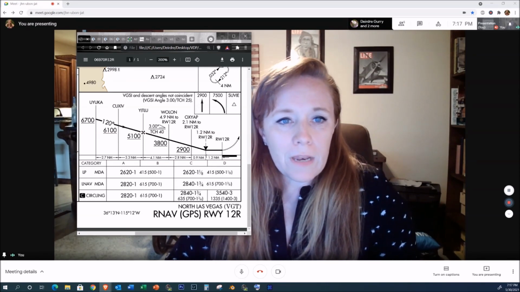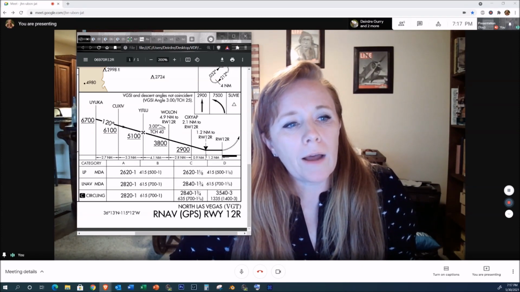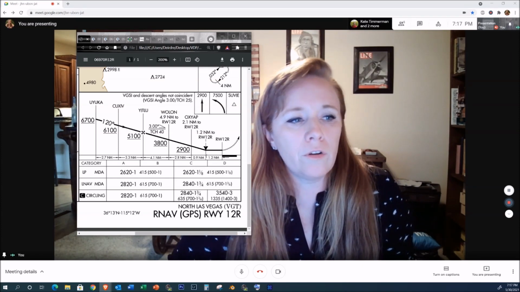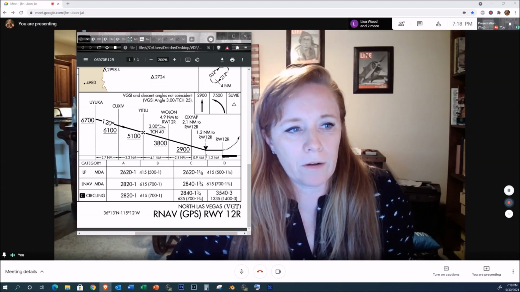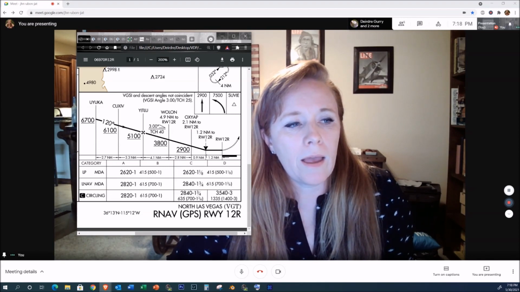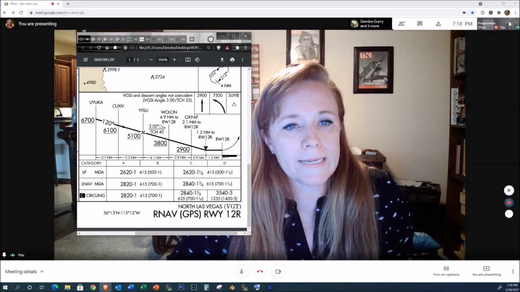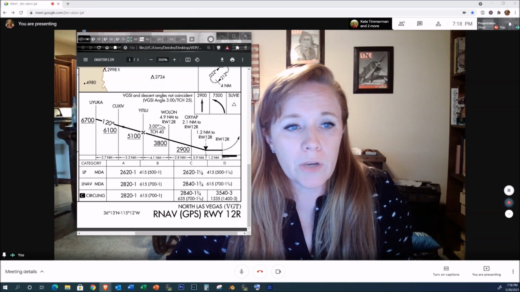So a VDP, on this approach plate, you've got essentially two, we're going to ignore the circling part, two different heights above touchdown. So if you look at the LP MDA and the LNAV MDA, you'll see 2620-1. The 2620 is the MSL altitude that you would be flying.